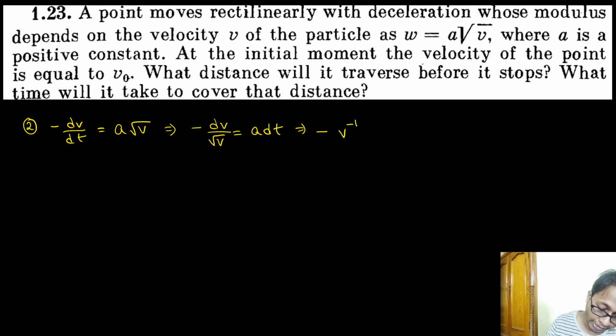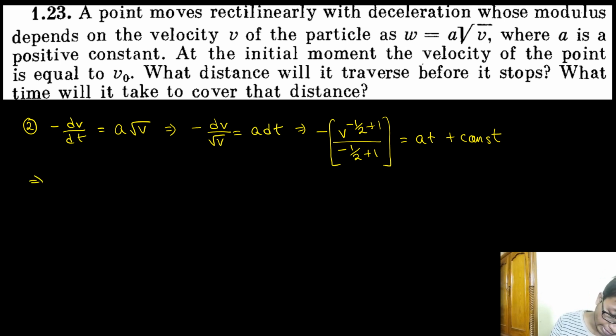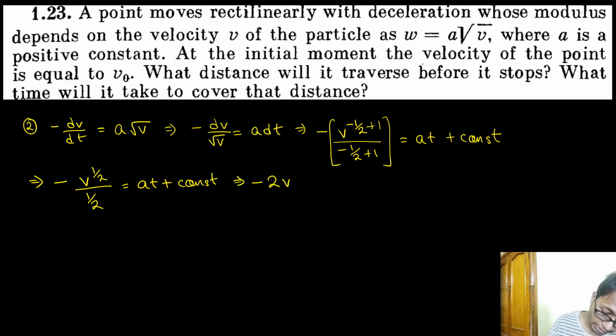Nothing but v to the power minus 1 by 2 plus 1 divided by minus 1 by 2 plus 1, is equal to at plus some constant. So minus v to the power 1 by 2 divided by 1 by 2 is equal to at plus some constant, or minus 2 root v is equal to at plus some constant.